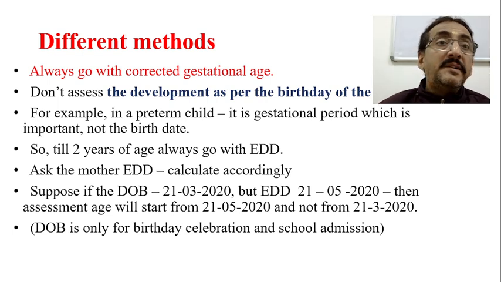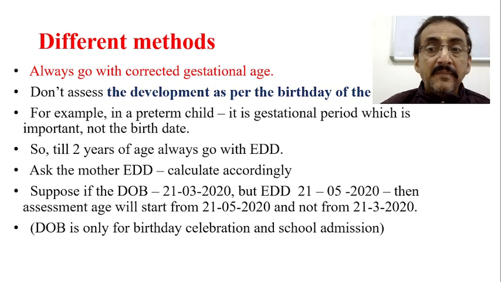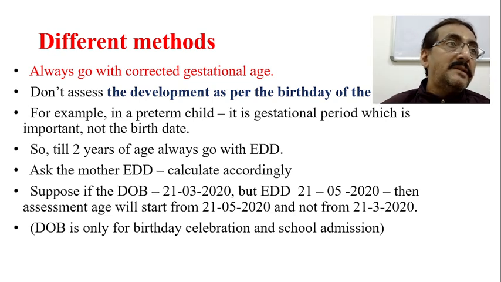For a preterm child, it is the gestational period that is important, not the birth date. Till 2 years of age, always go with the EDD. So for how many years do you follow this method? Up to 2 years. It is not the chronological age that is important, it is the developmental age, up to 2 years of life.